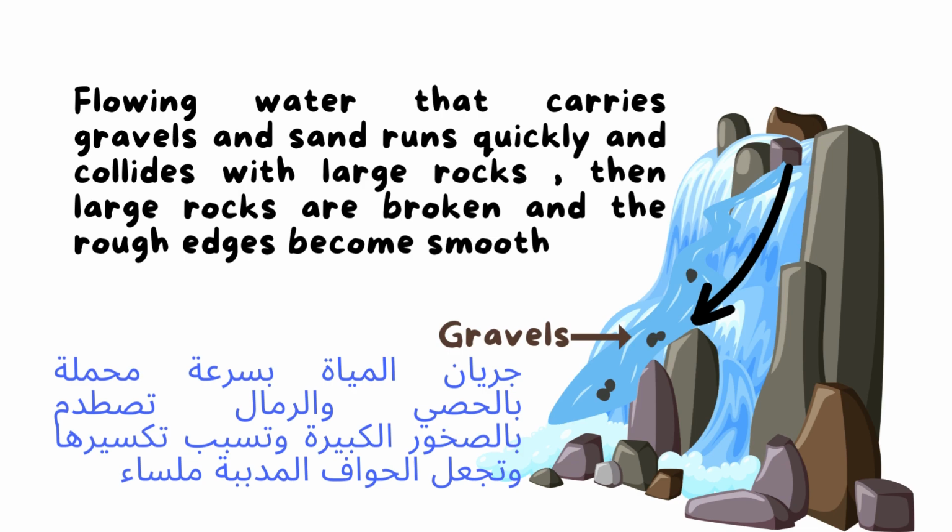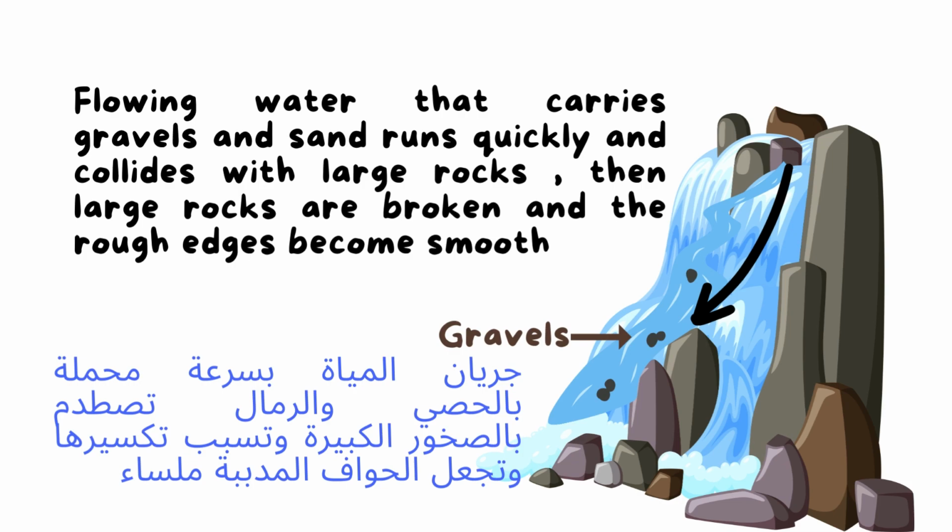So here what happens? Also, the flowing of water that carries gravels and sand runs quickly and collides with large rocks. Then large rocks are broken and the rough edges of these large rocks become smooth.